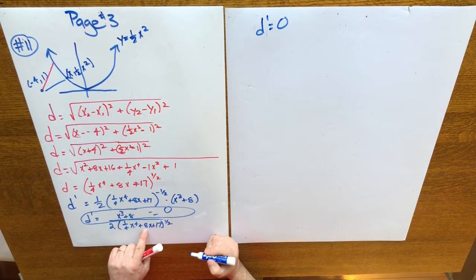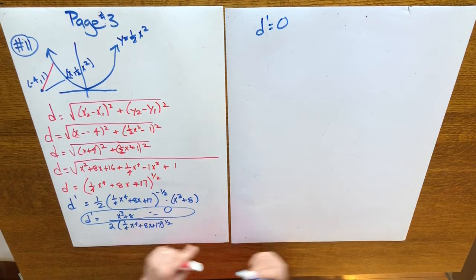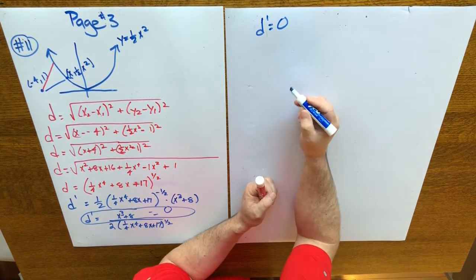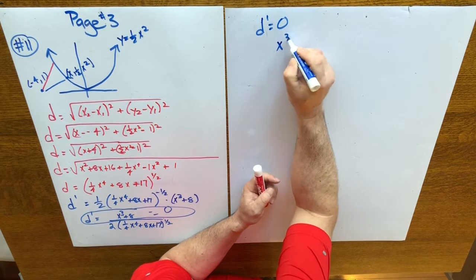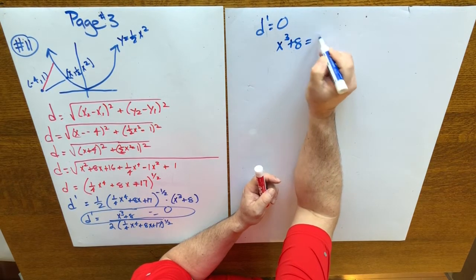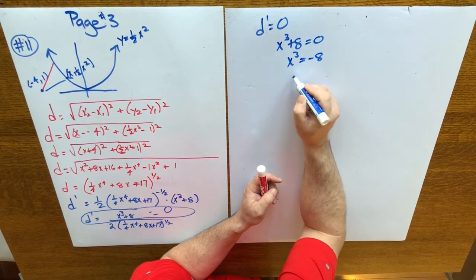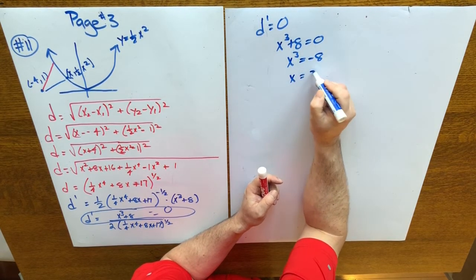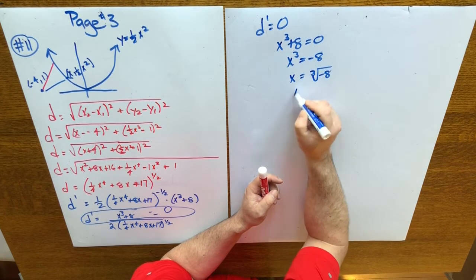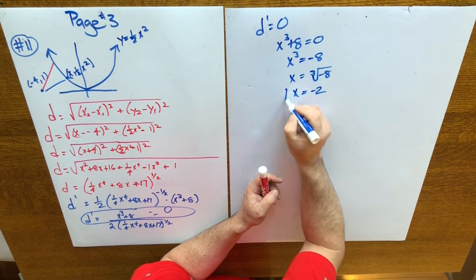The denominator would produce asymptotes and changes from the left side of the asymptote to the right, but we're not concerned with that because we're not graphing it. So the question just becomes, when does x cubed plus 8 equal 0? When x cubed equals -8, when x equals the cube root of -8, when x equals -2.